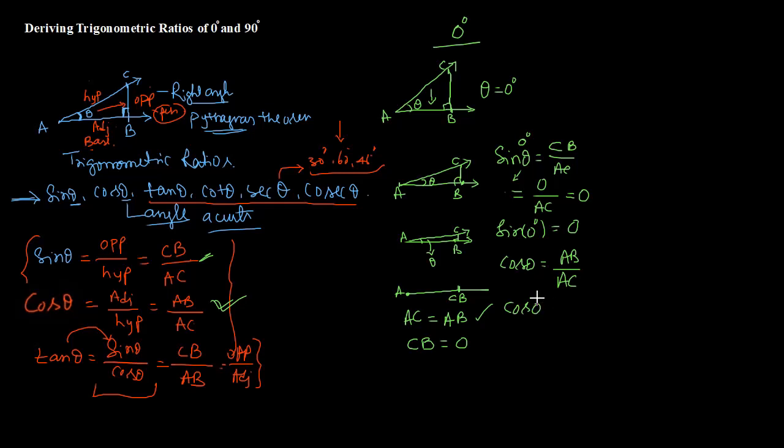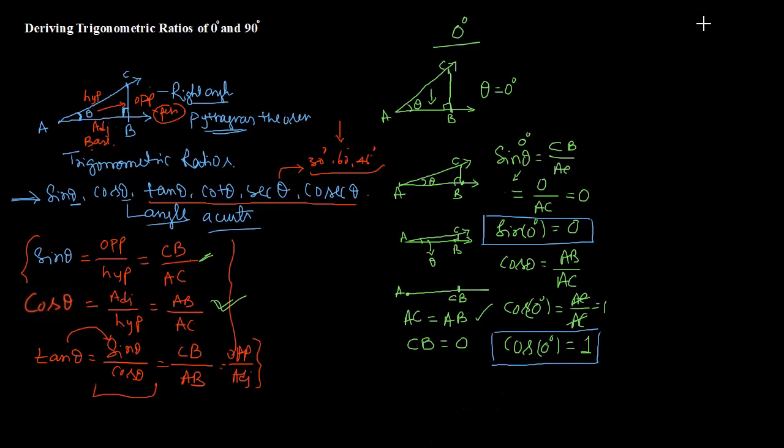Cos theta in this scenario is AC divided by AC, or otherwise you can substitute AC as AB, one of them. They both get cancelled, and that will be 1. So cos 0 is actually going to be 1. So you got two values here: sin 0 is 0 and cos 0 is 1.